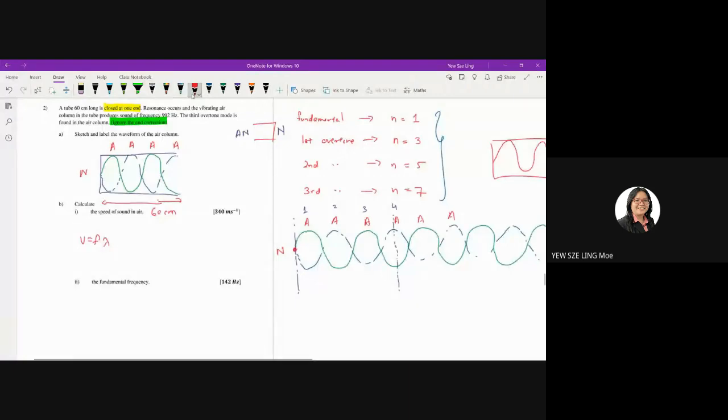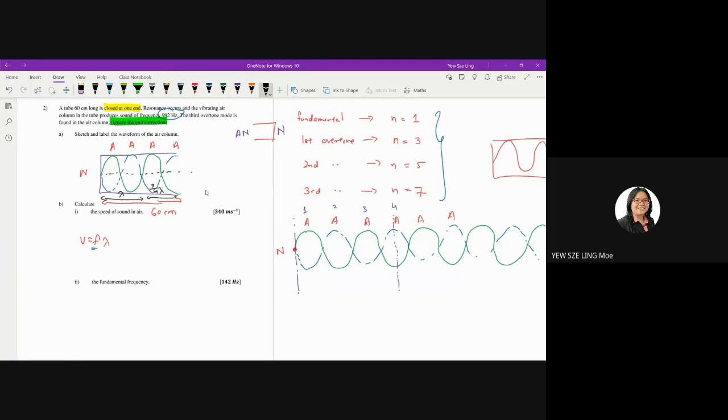But now, if you look at the question again, you only have the value for frequency, which is 992 hertz, but you don't have lambda. What you do have is L. According to my diagram, this is the equilibrium position. From here to here is 1 lambda, and from here to here is not one complete lambda, just 3/4 lambda.